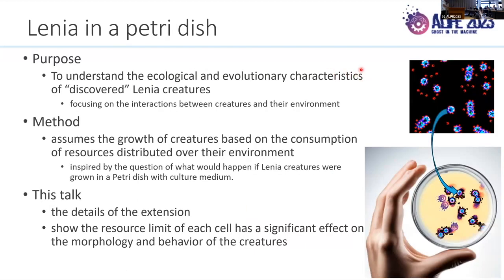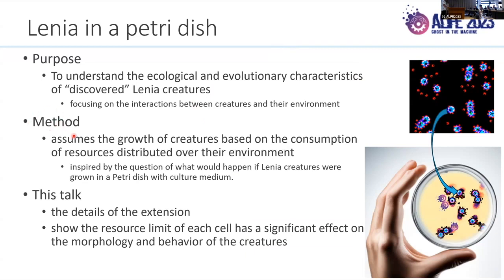But this talk focuses not on finding new creatures, but on analyzing the already discovered Lenia creatures. So the purpose is to understand the ecological and evolutionary characteristics of discovered Lenia creatures. And we focus on the interactions between creatures and their environment.